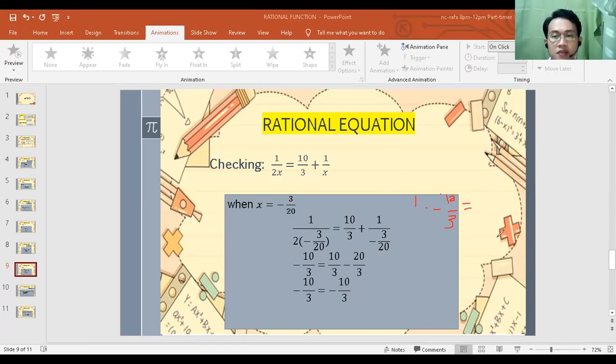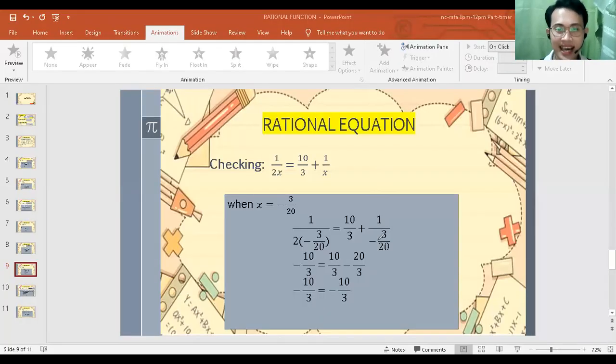What's the reciprocal of negative 3 over 10? It's negative 10 over 3. So 1 times negative 10, that's negative 10 all over 3. Okay, and that explains why we have negative 10 over 3 in our left side.